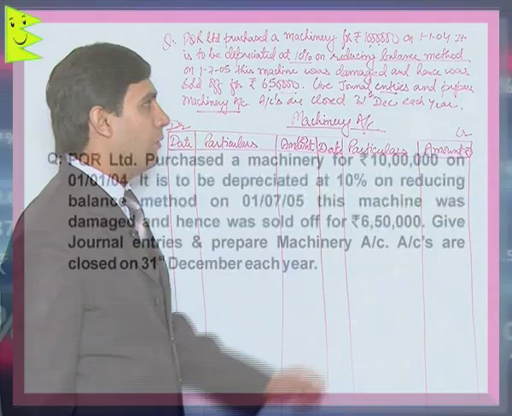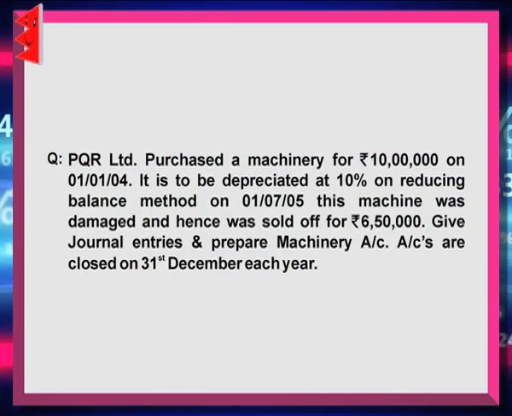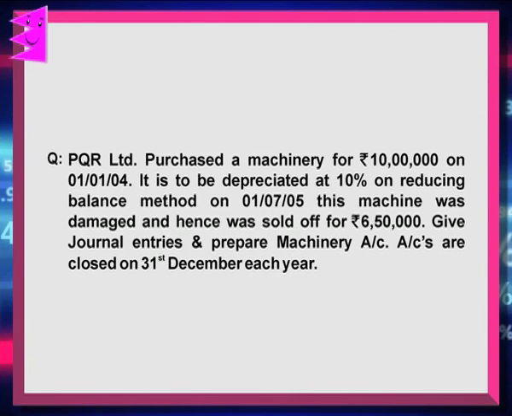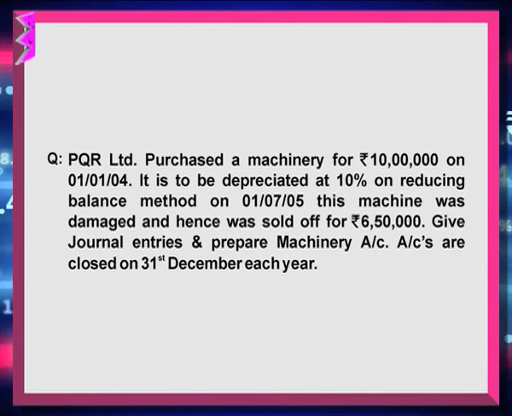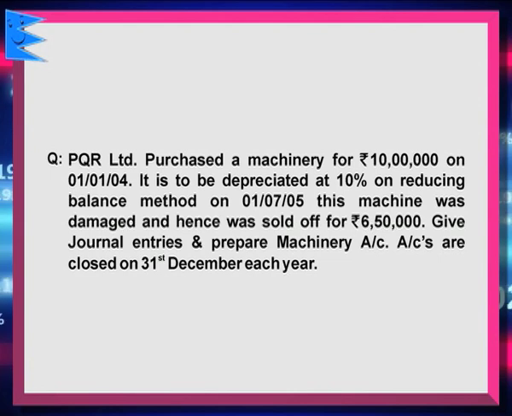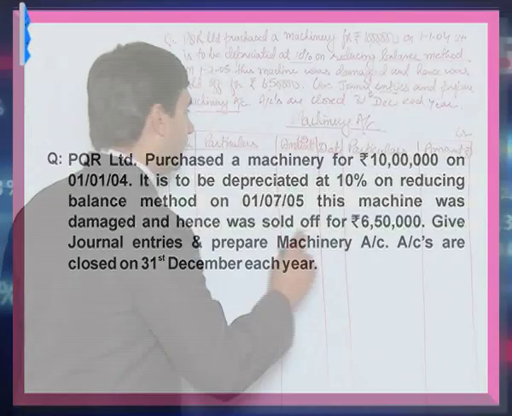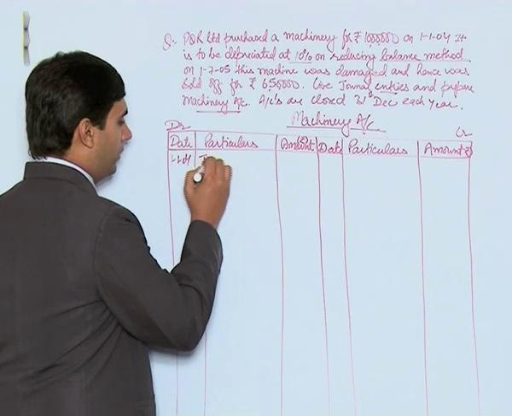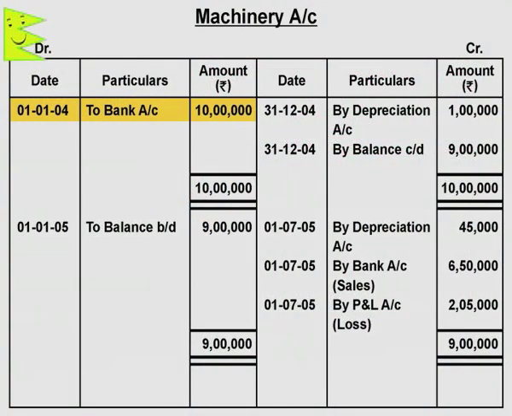So just to recall, on 1st January 2004 a machine for rupees 10 lakh was purchased. It is to be depreciated at 10% on reducing balance method, and on 1st July 2005, that is next year, this machine was sold for rupees 6 lakh 50,000. So starting with machinery account, on 1st January 2004 to bank, since it is purchased, to bank account, the amount would be rupees 10 lakh.